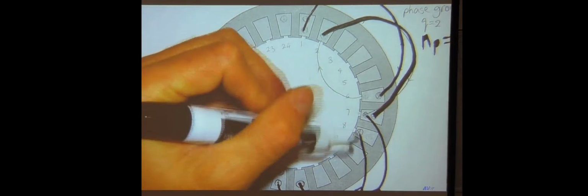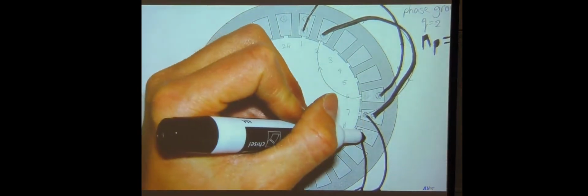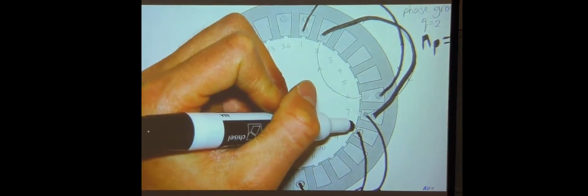And then this one here is on the top. This could come out and go around like that. Then these two coils have to be connected. One option is that this would come through the back and connect like that, so that would all be in series.